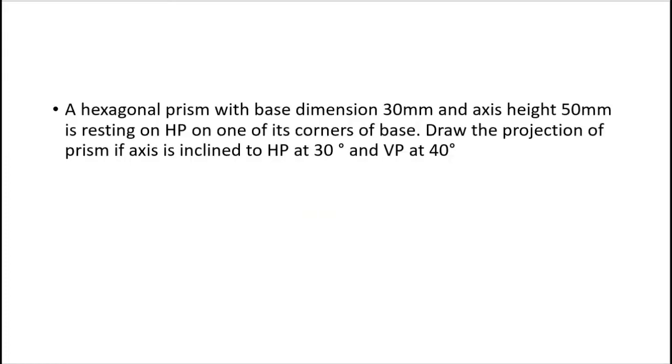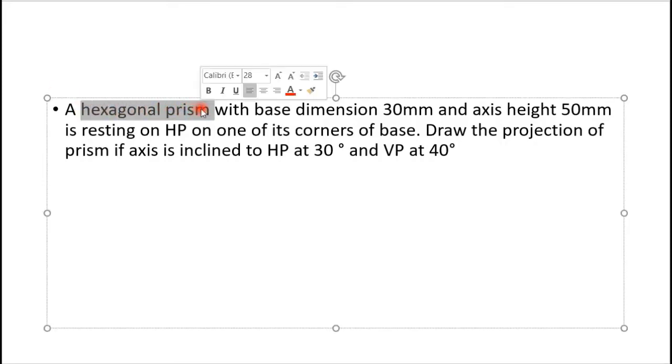So the problem statement is like this. A hexagonal prism with base dimension 30 mm and axis height 50 mm is resting on HP on one of its corners of base. Draw the projection of the prism if the axis is inclined to HP at 30 degree and VP at 40 degree. I told you in all the problems, before you start solving, first you have to identify what the given object is. Here the given object is a hexagonal prism.